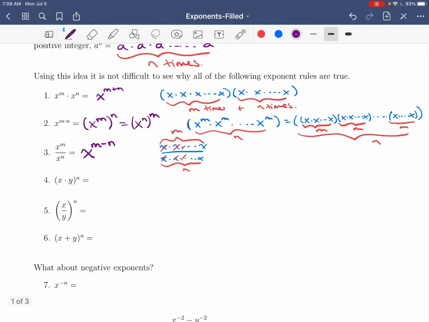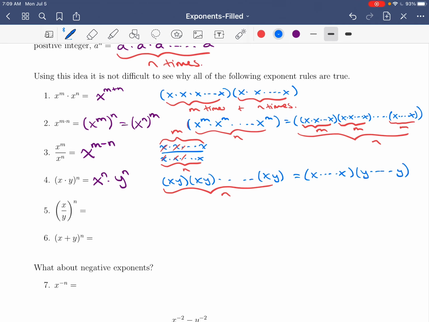So if you have x times y all to the n, you can actually write that as x to the n times y to the n, because it's like xy times xy times xy, n times. And then if you rearrange, you can write it as x times x, n times, and then y times y, n times.